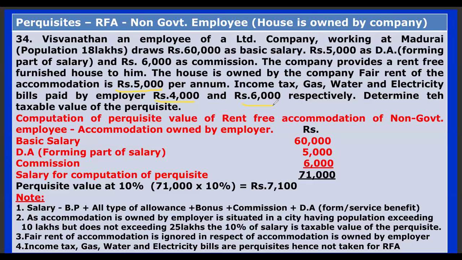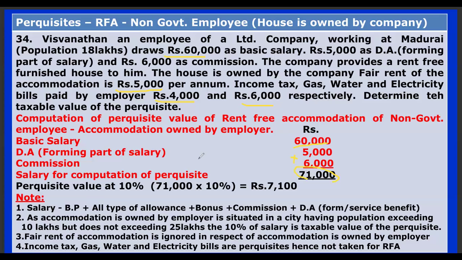Now let's find out the value. He has a basic salary of 60,000. He has received 5,000 as DA and 6,000 as commission. So if I add this, my total salary will become 71,000.